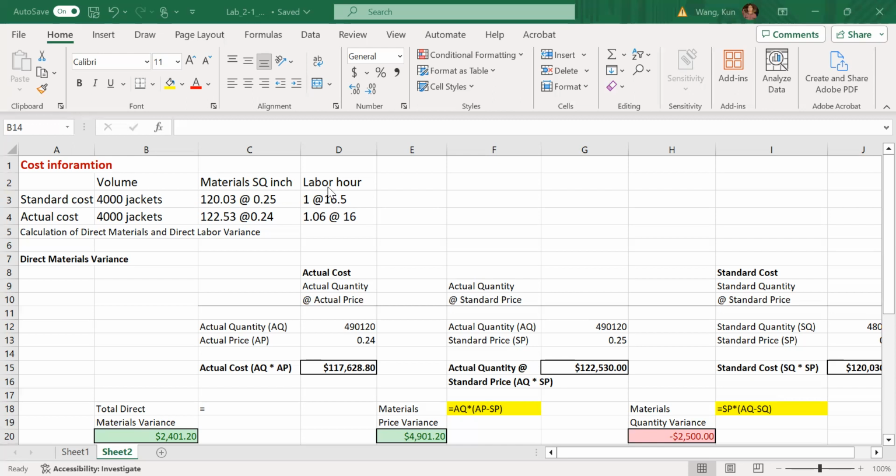I think I remember we say efficiency difference, right? The labor hour reflects the efficiency of the operations. And then the price difference we call rate variance, because for labor it is an hourly rate.